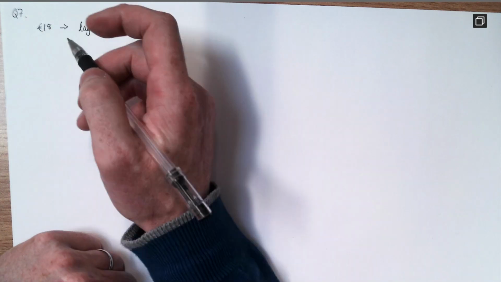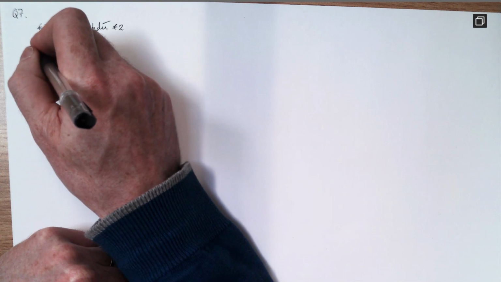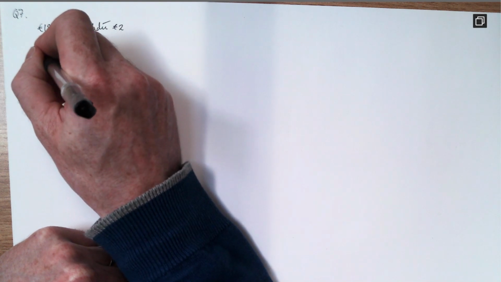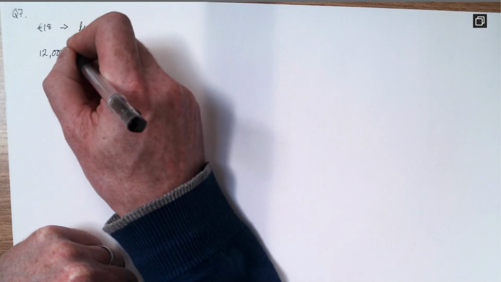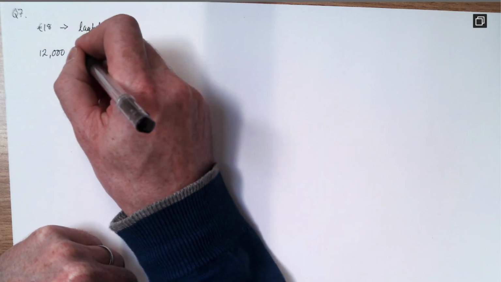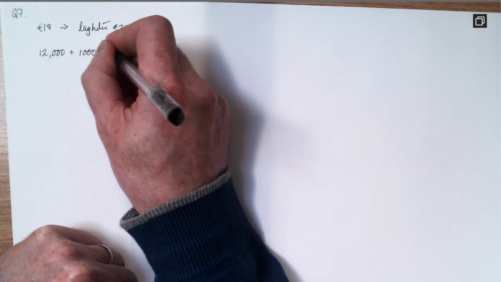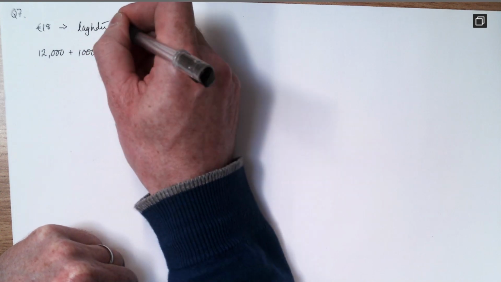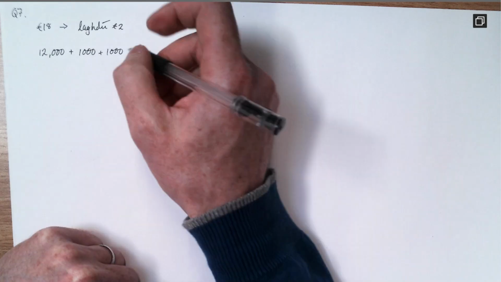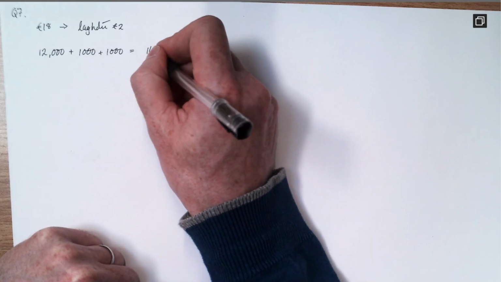So for every one euro reduction, we get an extra 1,000 people. So that means 12,000 plus 1,000 plus 1,000. That's because we had two €1 reductions, which is equal to 14,000 people.